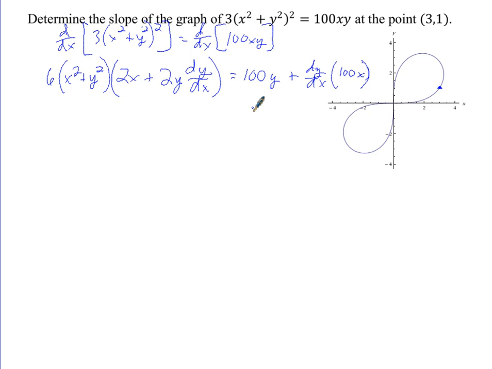Minus 100y. So you want to get this guy moved over here? Yeah. If I'm trying to move all my dy over dx's over here, then this guy needs to stay put. Minus dy over dx times 100x, and then divide by the factor. That's going to get ugly.